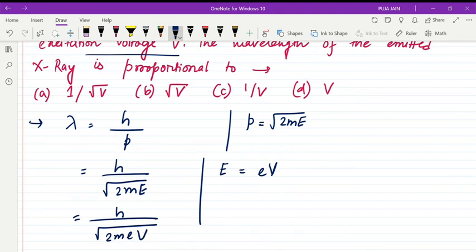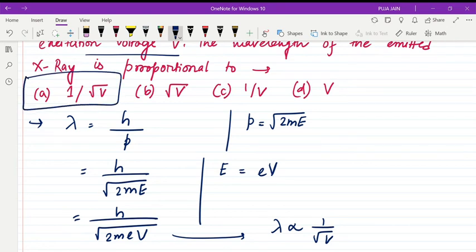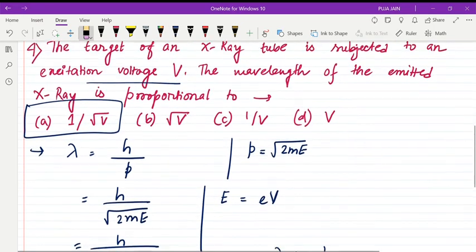So clearly we can see from here that lambda is proportional to 1 by root V. Okay. This type of question you can also expect in the GATE, SET, MSc entrance exams. Okay. So our option A is correct.